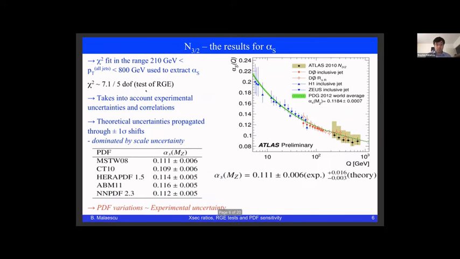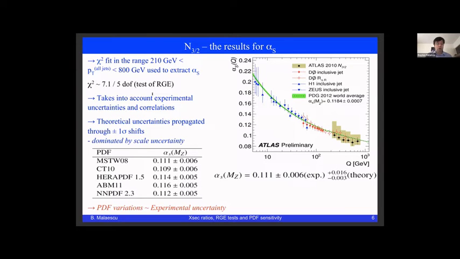Now the extraction itself was done with a chi-square fit, and the chi-square by degrees of freedom can be interpreted in terms of a test of the renormalization group equation. The chi-square of this fit takes into account the experimental uncertainties and the correlations.